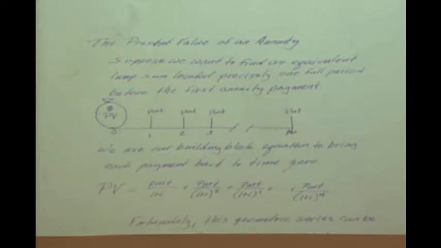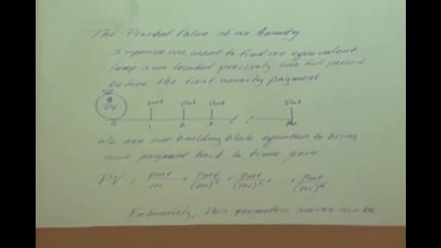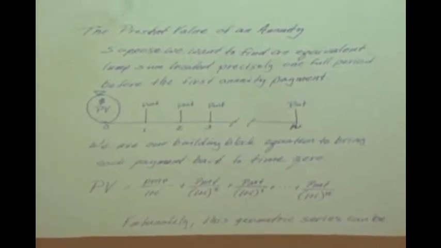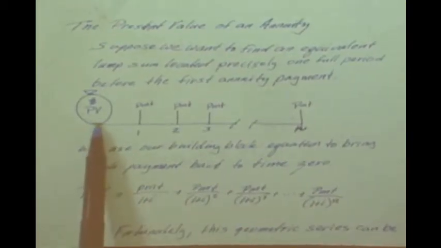Suppose we want to find some equivalent lump sum located precisely one full period before the first annuity payment. We would use our building block equation to bring each of these future payments back in time and consolidate them right here at time zero, where this lump sum money bag is.